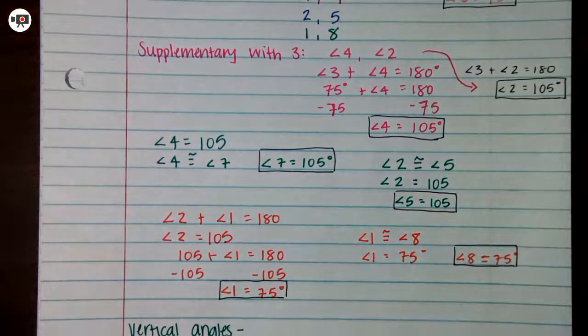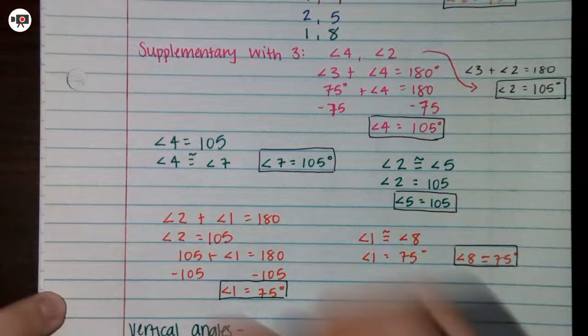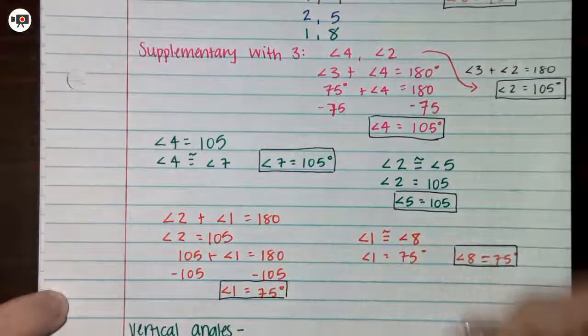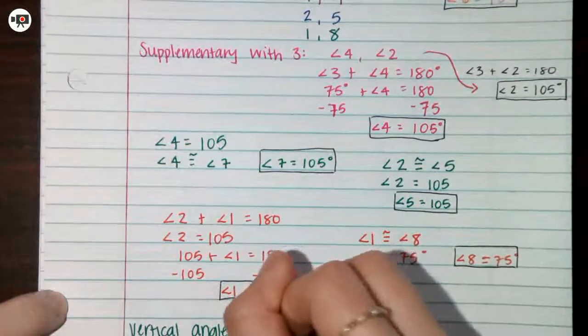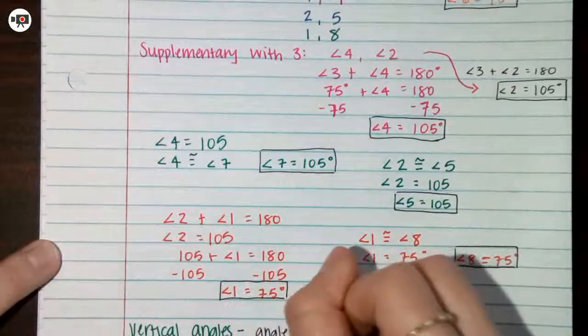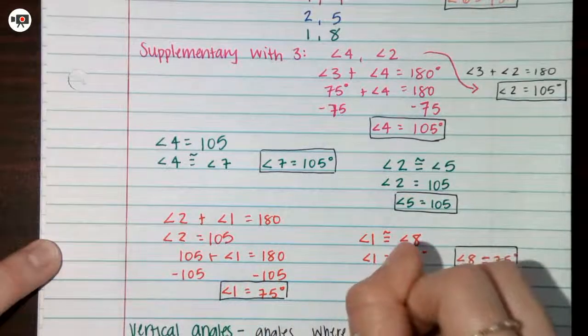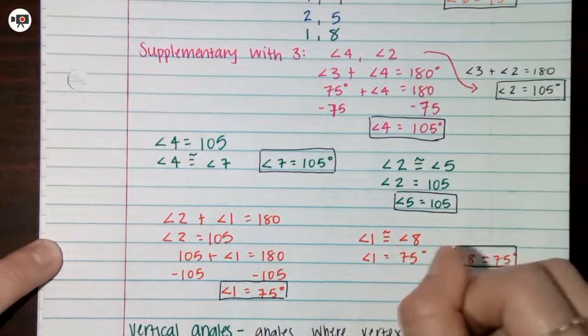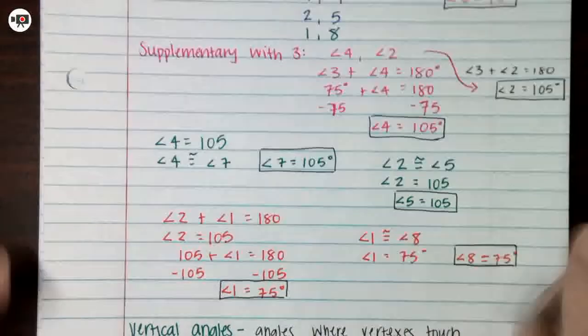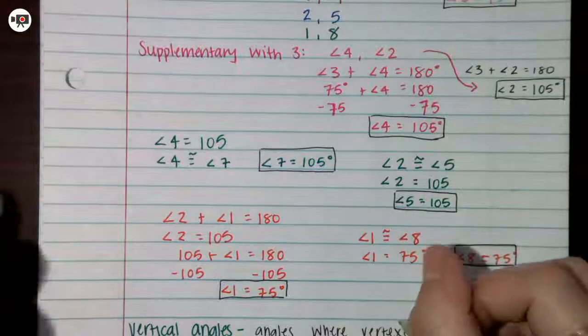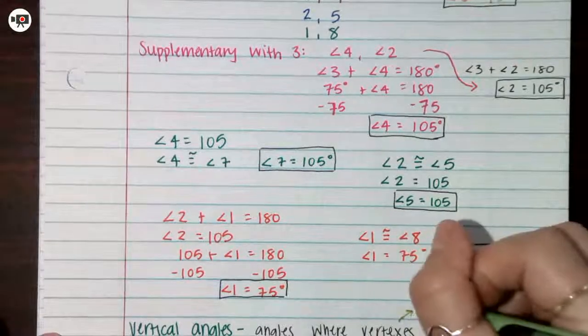And vertical angles, we said, are angles where their vertexes touch. A vertex is the corner. So the little corner in your angle.